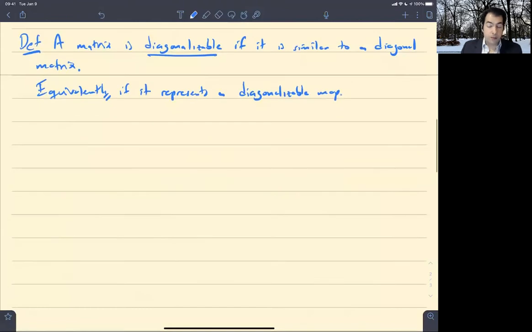Okay, so as I mentioned a second ago, a linear map is diagonalizable precisely when it has an eigenbasis, when there is a basis of the vector space consisting entirely of eigenvectors. Okay, so of course the same is true for a matrix, but let's think about what this looks like in terms of similarity.